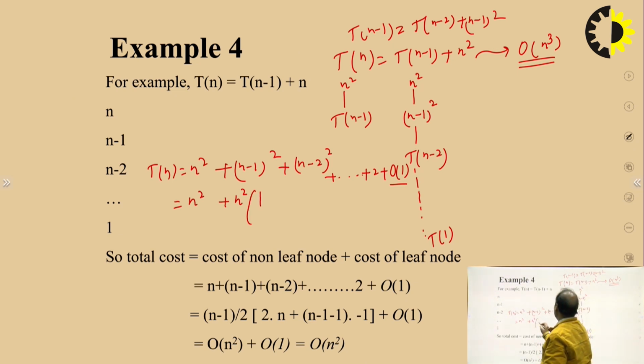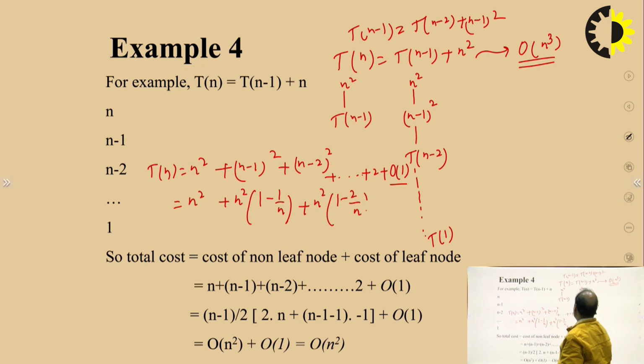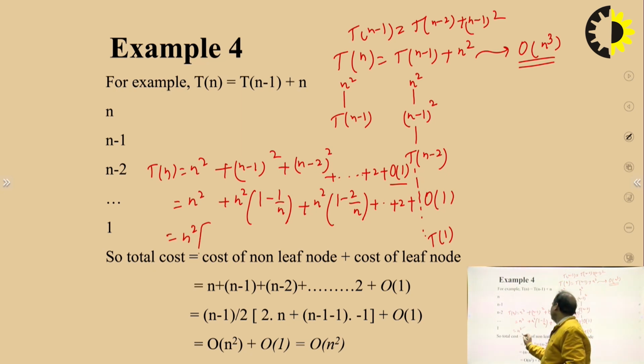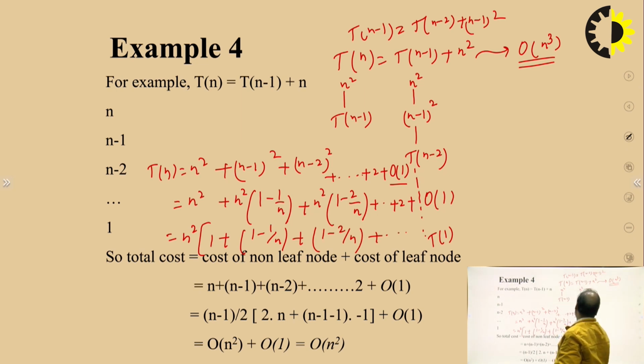So it will be 1 plus 1 minus 1 by n plus 1 minus 2 by n, and so on, plus 2 plus big O of n.